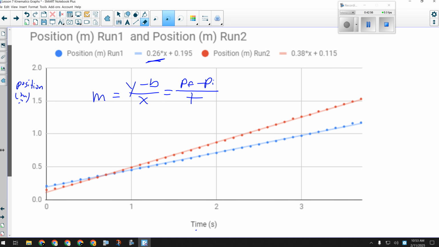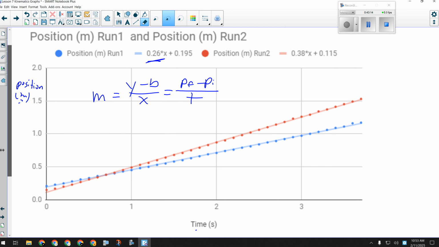Here's what I would like you to calculate for me. I would like for you to calculate how much further the red object will go than the blue object if they travel for 1 minute.